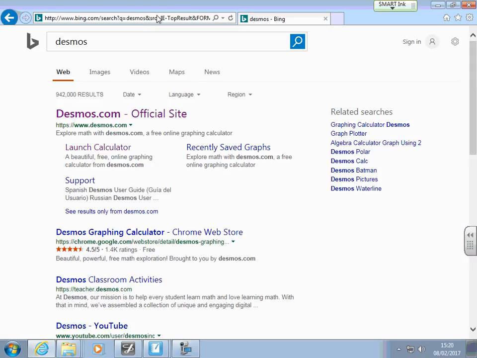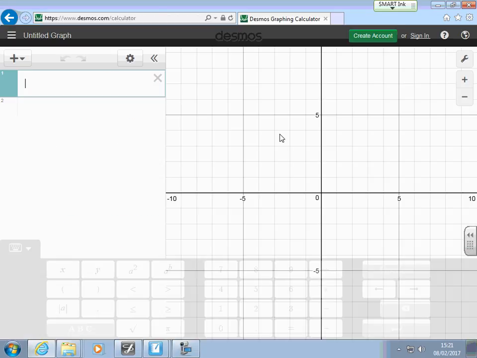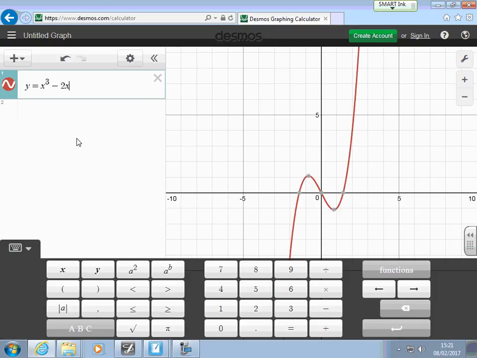I'm using this software or this system more and more to check things that I do, because that's quite useful. Tell me, just read me out that function, please. Y is equal to x to the power 3 minus 2x squared minus 8x.